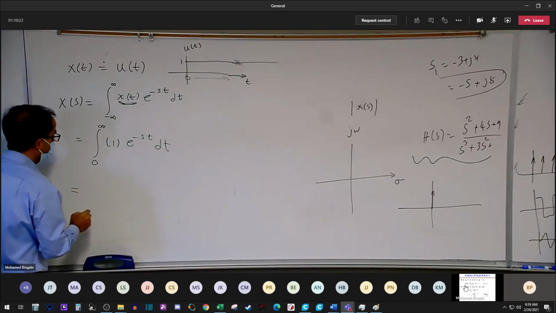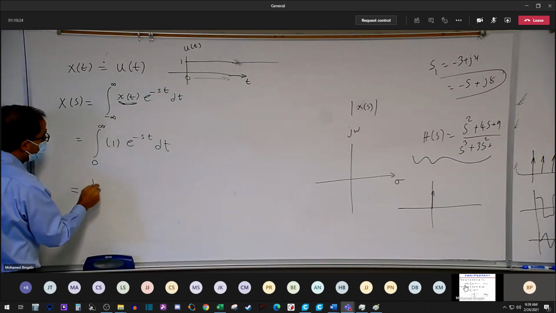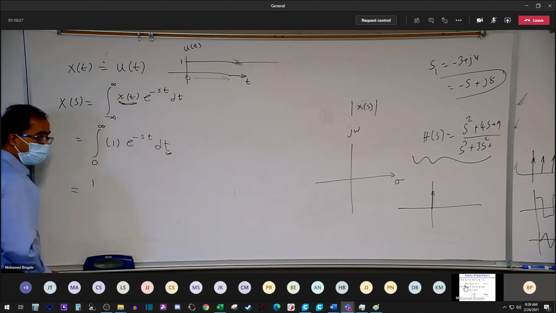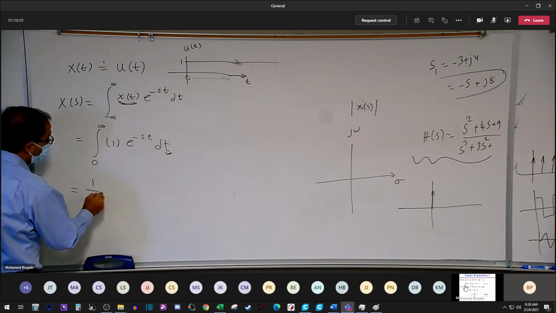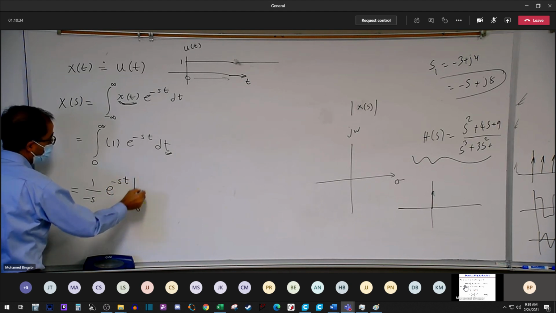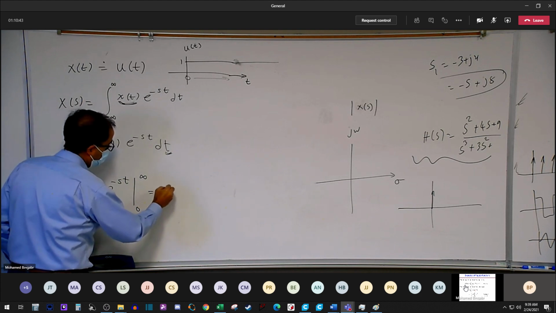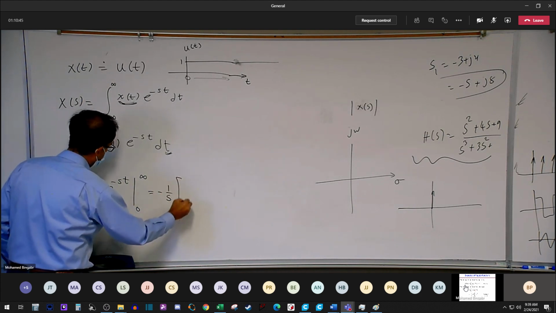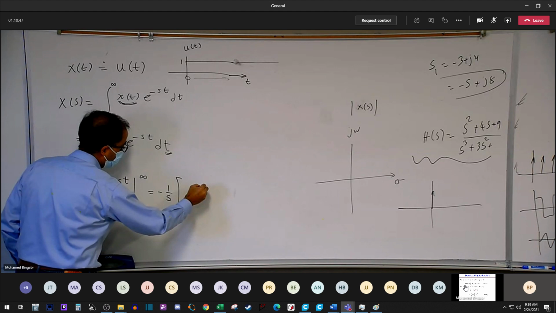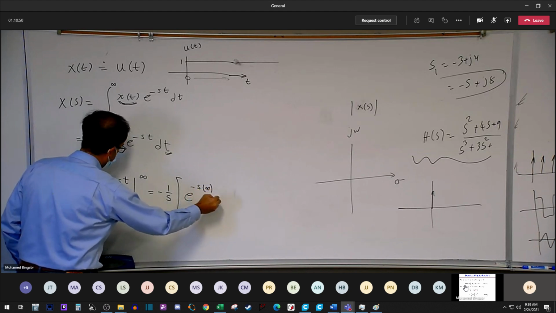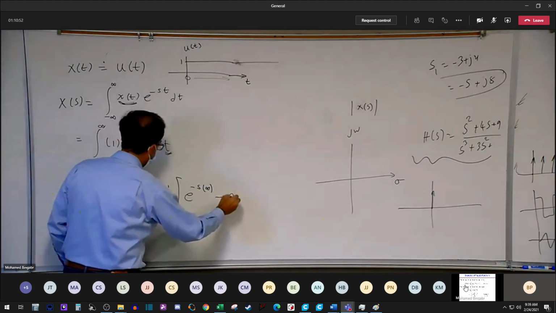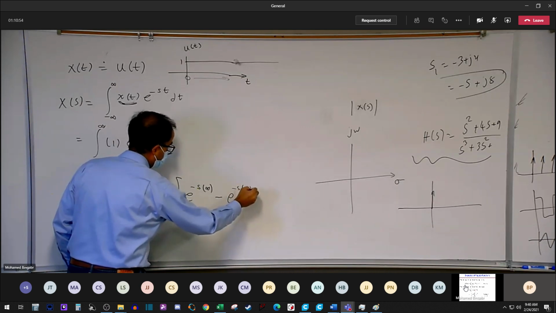And that will be, if I integrate this one, my variable is t, 1 over minus s, e to the minus s t, from 0 to infinity. And if I do that, it's minus 1 over s, times e to the minus s infinity, minus e to the minus s times 0.